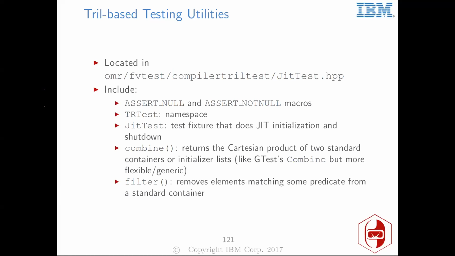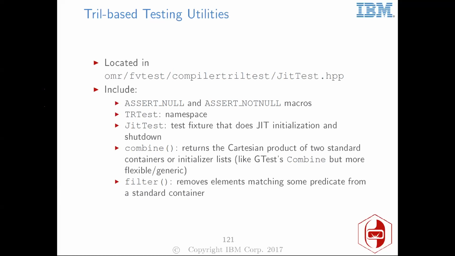A custom version of the combine function that is going to, again, compute the Cartesian product, but in this case of any standard containers or even C++11 brace initializer lists. So it's a little bit more flexible than the GTest implementation.